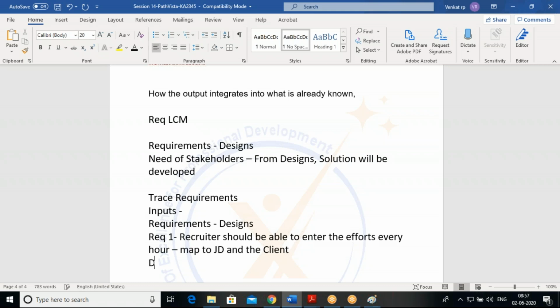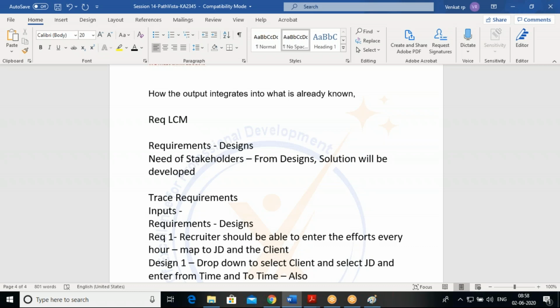Here the design, how it will look like, is we will give them a drop down to select the client and select the JD which they are actually working on, and enter the from time and to time.